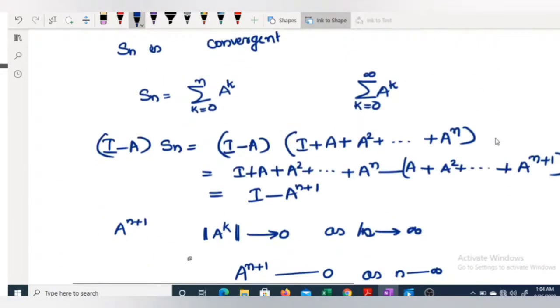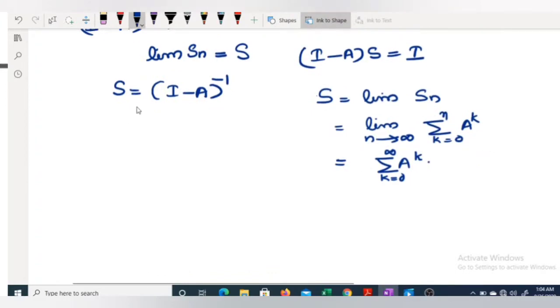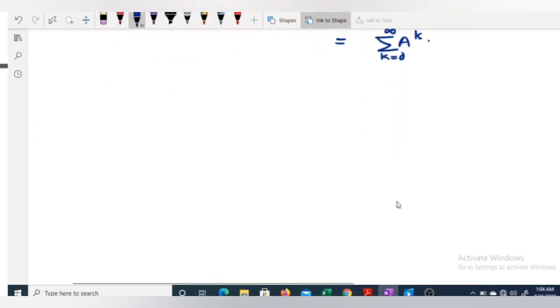Thus we get I minus a whole inverse is S, S is equal to this one. That is, I minus a inverse is equal to sigma k equal to 0 to infinity a raised to k.